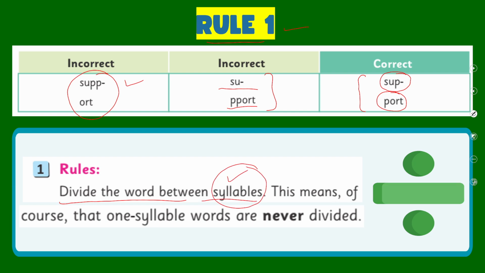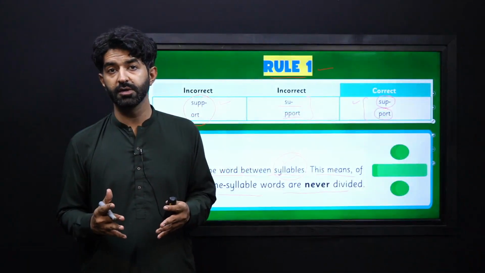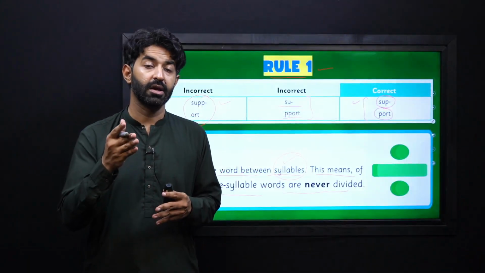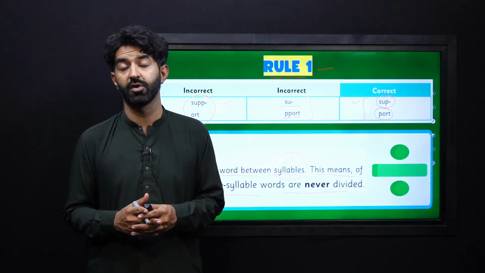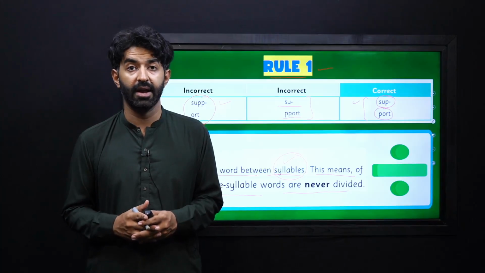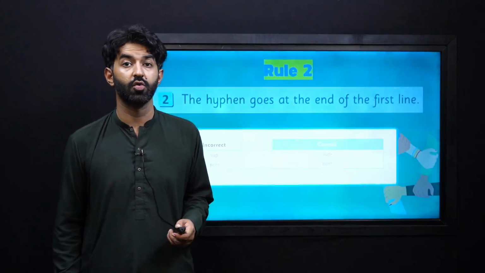So just like that, we divide the words using their syllables. This means, of course, that one syllable words are never divided. So when we have two syllable words, we can divide them and the hyphen will be between the word, but if there is a one syllable word, it cannot be divided like this. So this was our rule number 1.